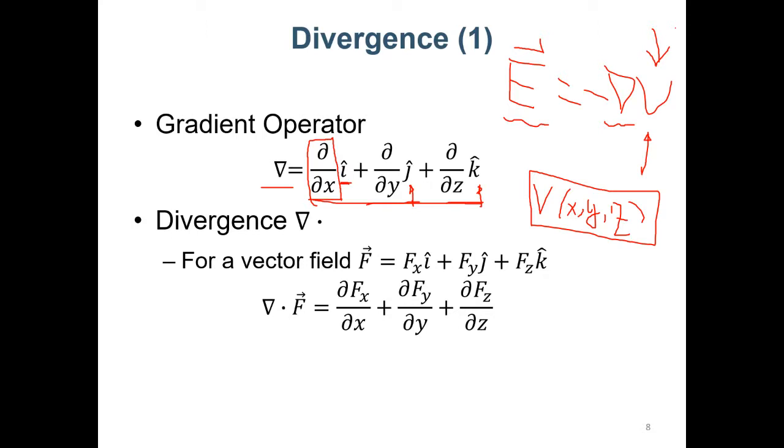So divergence is a little bit different. There's an inner product with the gradient, and we call it the divergence.